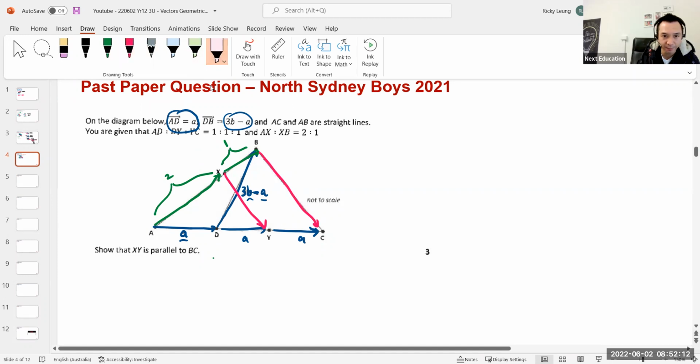So just to be absolutely clear here, which is what I wrote at the start of this lesson, this is basically saying, can you please show that the vector XY, and maybe I'll do BC first because it's longer. So I'll go BC is a multiple, some sort of scalar multiplied with XY, right? Hopefully I can do that.